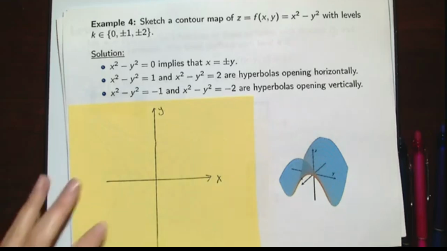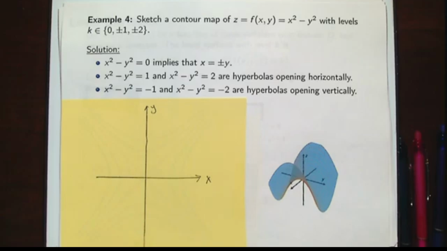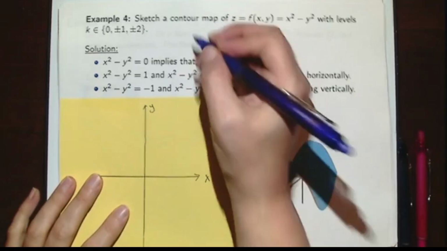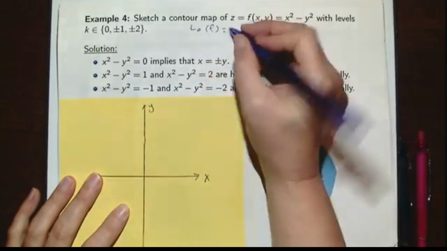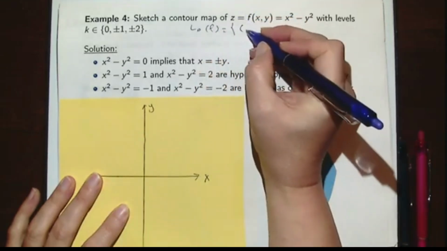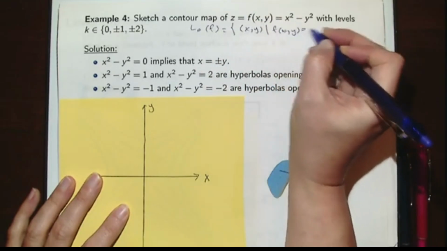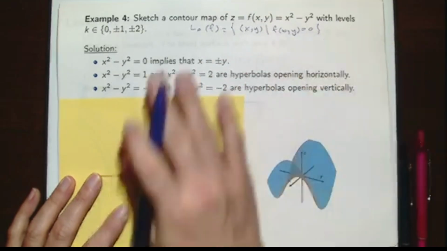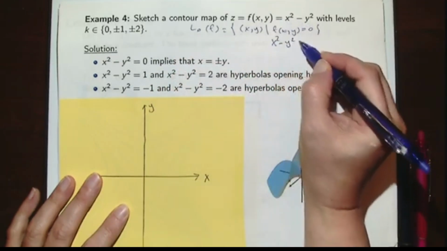So let's try to do a contour map for this one. It wants you to find L0 of f, which is all the x and y such that f of x and y is equal to 0. What is that? That's just this curve.